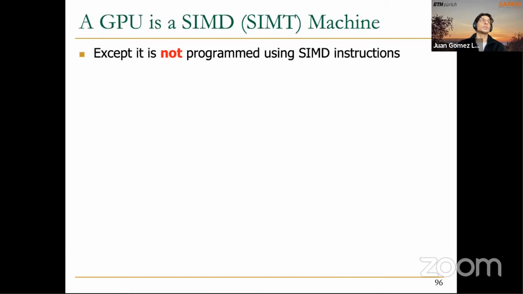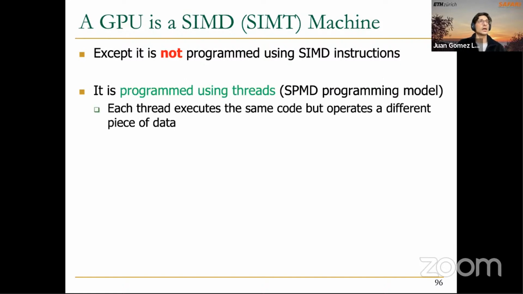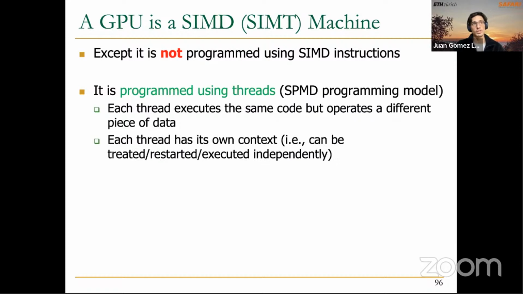So a GPU is a SIMD machine. The difference is that it's not exposed to the programmer. The programmer doesn't use SIMD instructions. The programmer uses threads, and each thread executes the same code but operates on a different piece of data. So each thread has its own context.